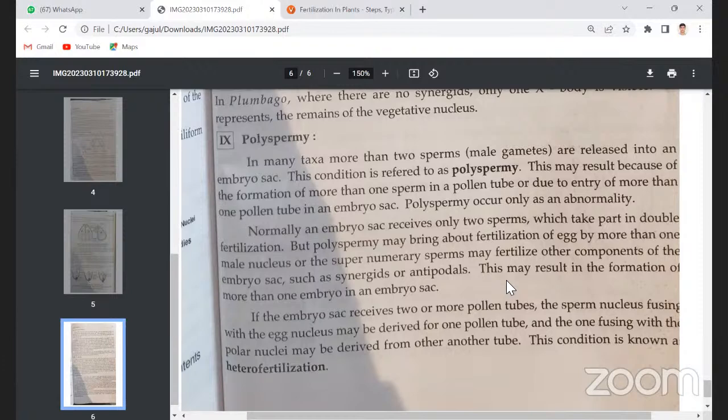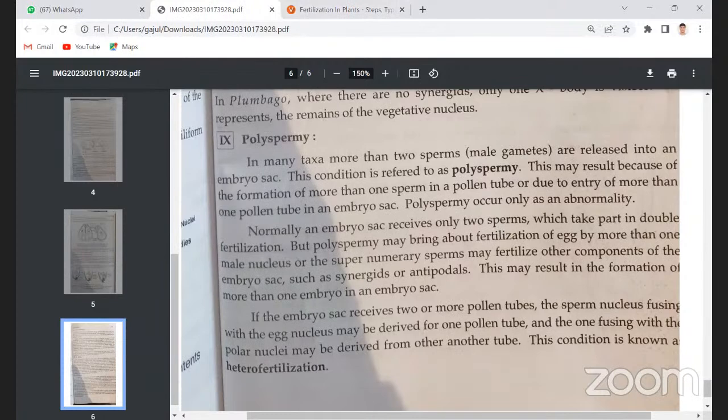So, if the embryo sac receives two or more pollen tubes, the sperm nucleus fusing with the egg nucleus may be derived from one pollen tube, and the one fusing with the polar nuclei may be derived from another. This condition is known as heterofertilization.